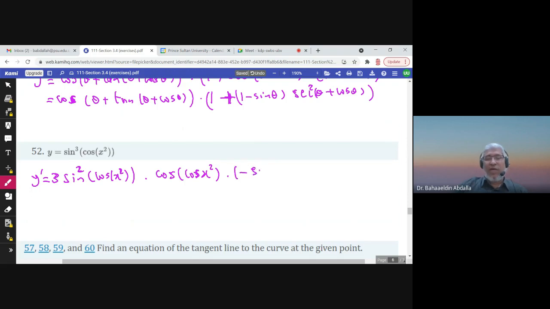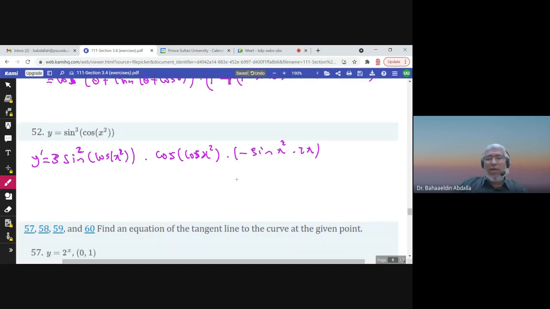Negative sine x², and then the derivative of x² is 2x. And finally, I can take the minus and the 2 multiplied by 3. So I have negative 6x sine squared(cos x²) and cosine(cos x²) times sine x².